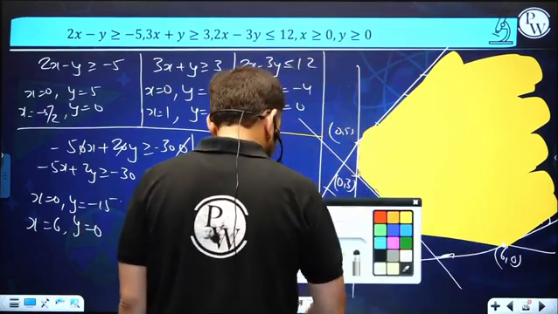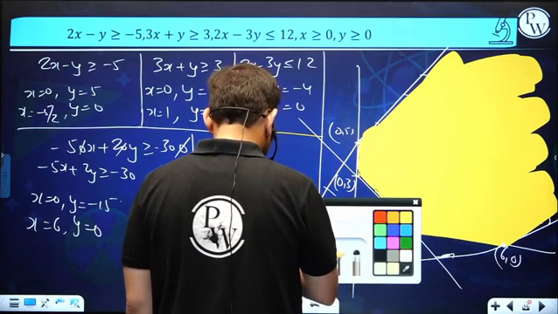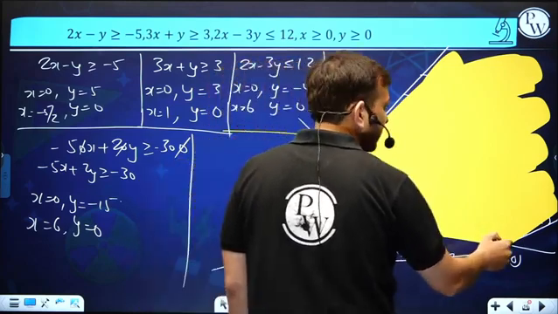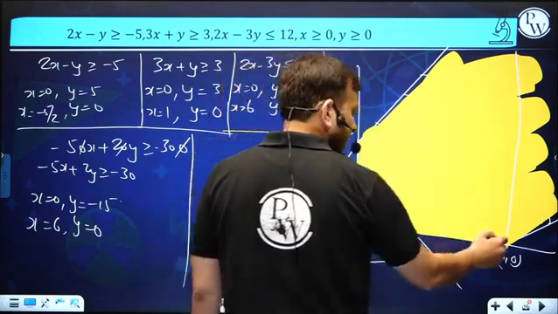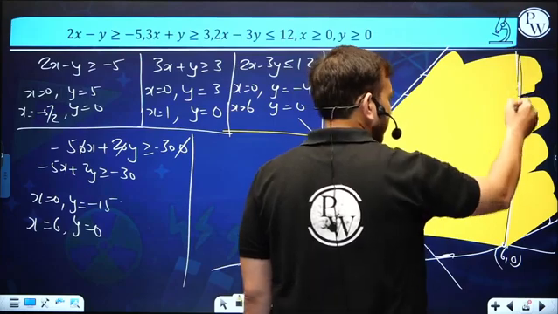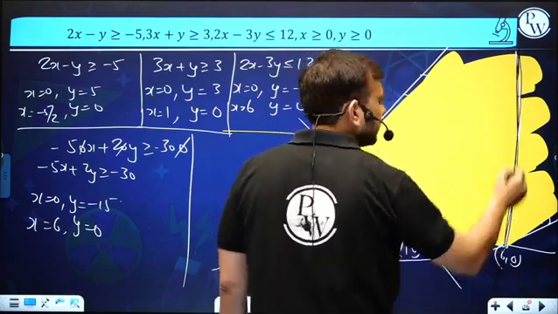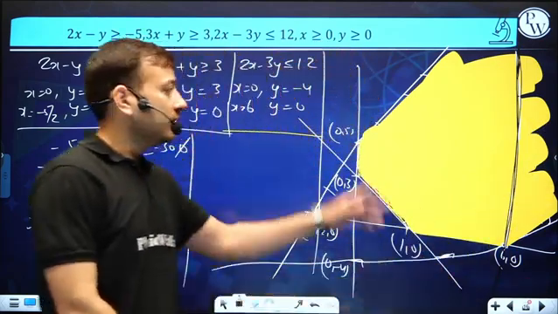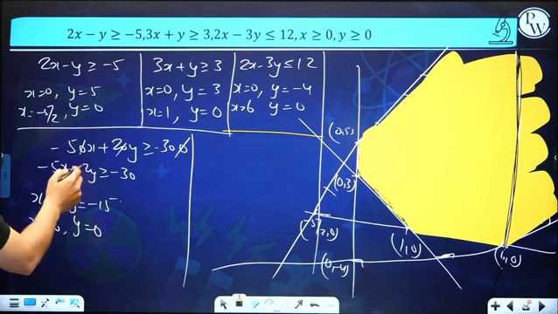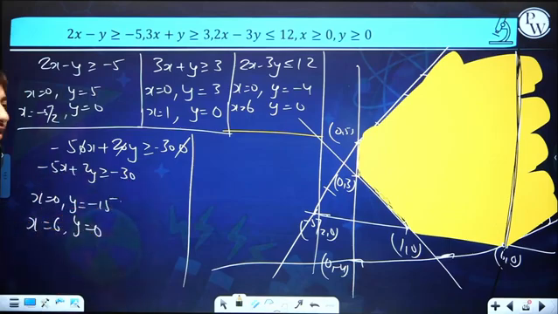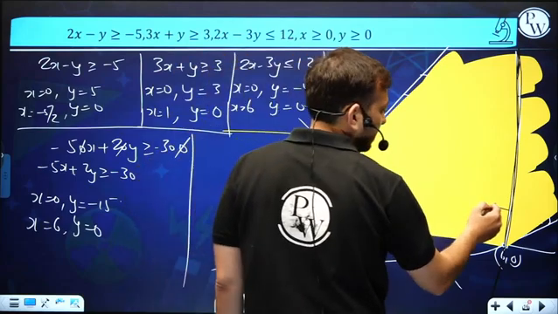So it will come from down, and the black line will be like this. Now put 0 comma 0, sir. 0 is greater than minus 30. So that means the answer will be this side.